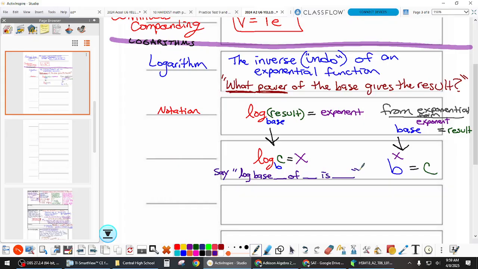Okay. So log base, whatever b is, we just did one. Log base 6 of 200 is 2.95.